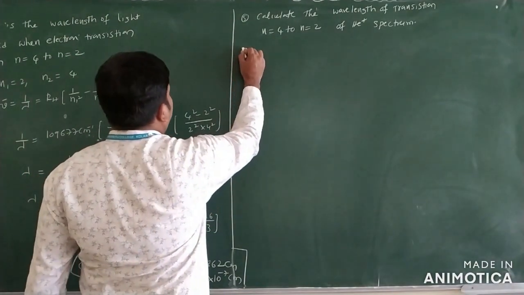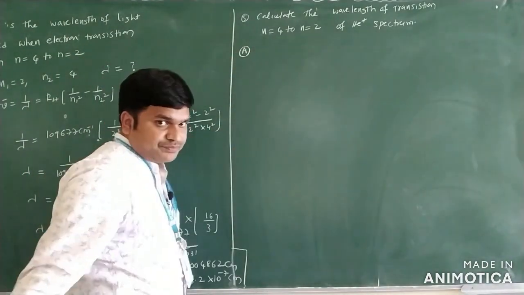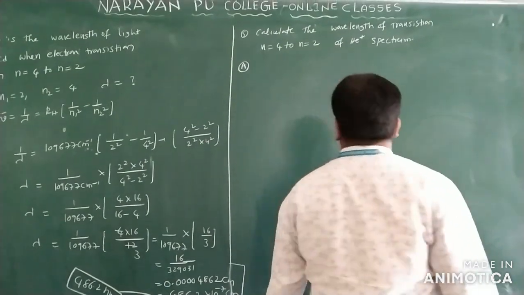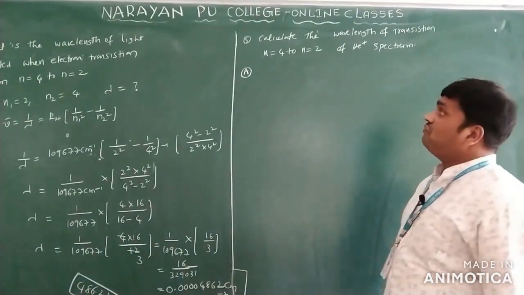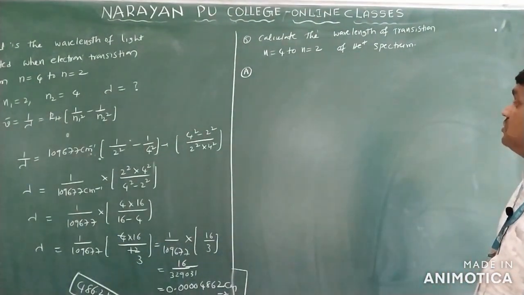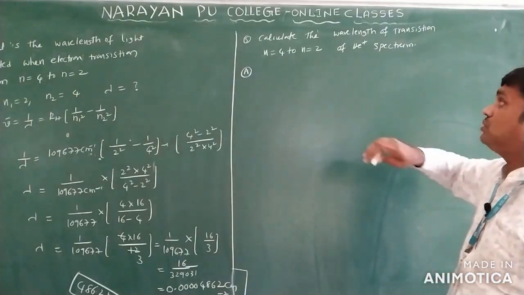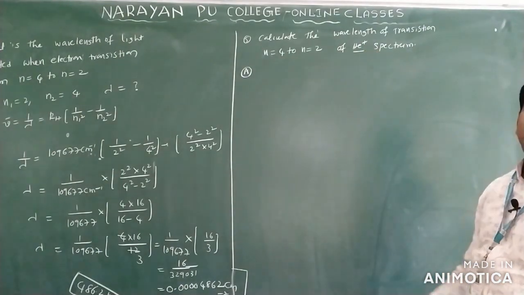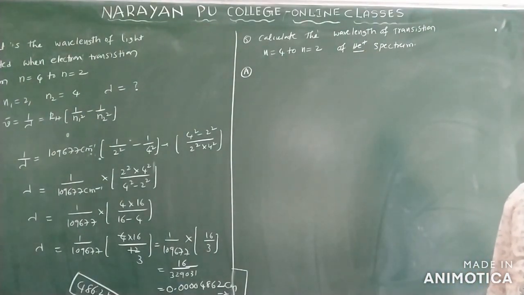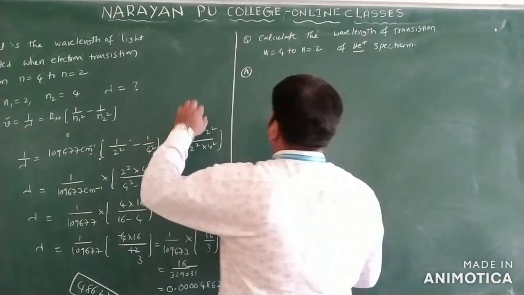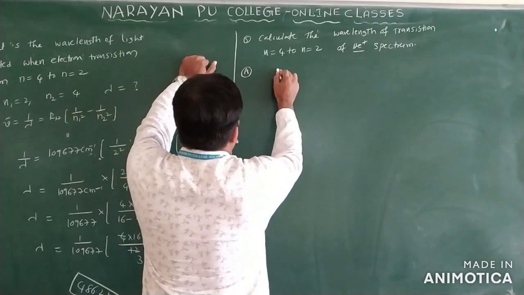Now we see question number 5. They are asking: calculate the wavelength of a transition n equal to 4 to n equal to 2 of the He plus spectrum. This is not hydrogen, it is a hydrogen like species. So you know the formula for hydrogen like species, what will you write here?